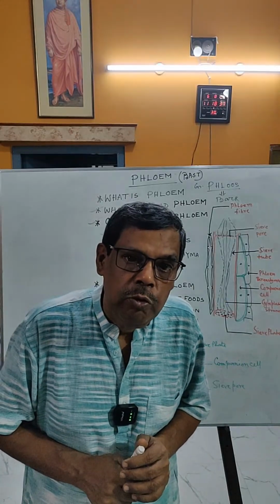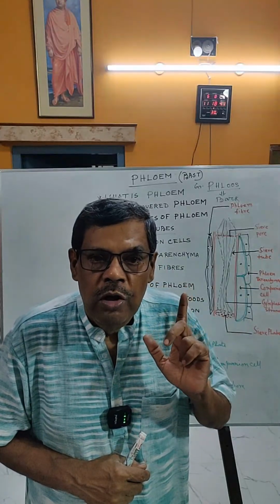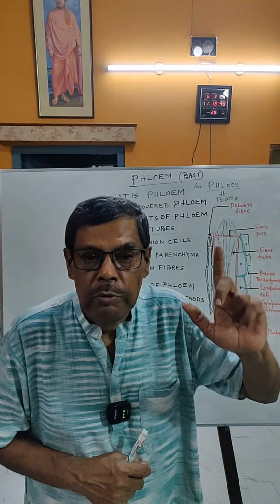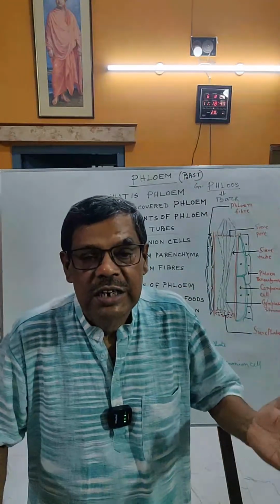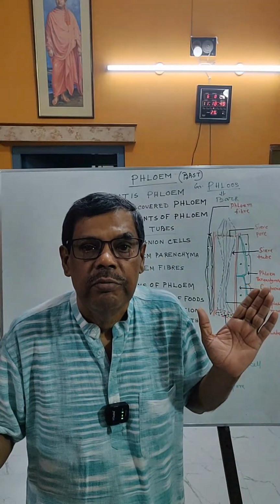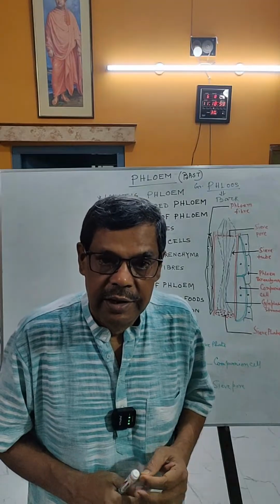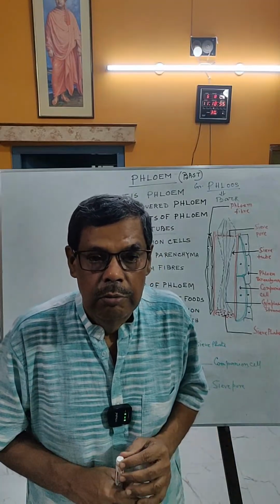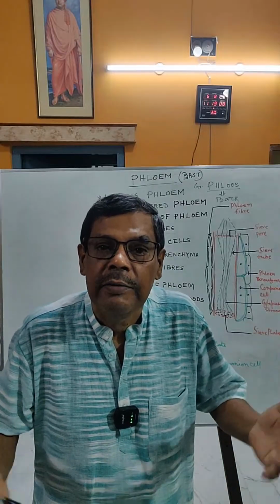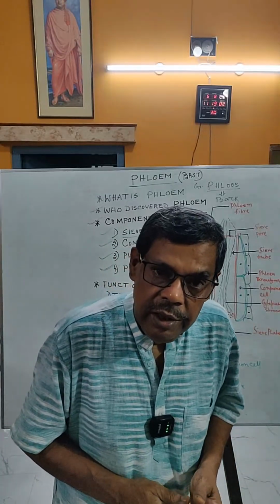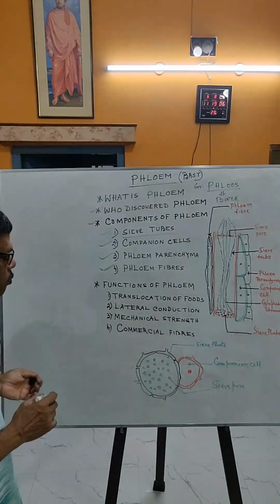They translocate food material from leaf to stem, root, meristematic organs, flowers, seeds. These food materials are the reserve food materials, which are the source of food of human beings and other animals. This function is called translocation of food.